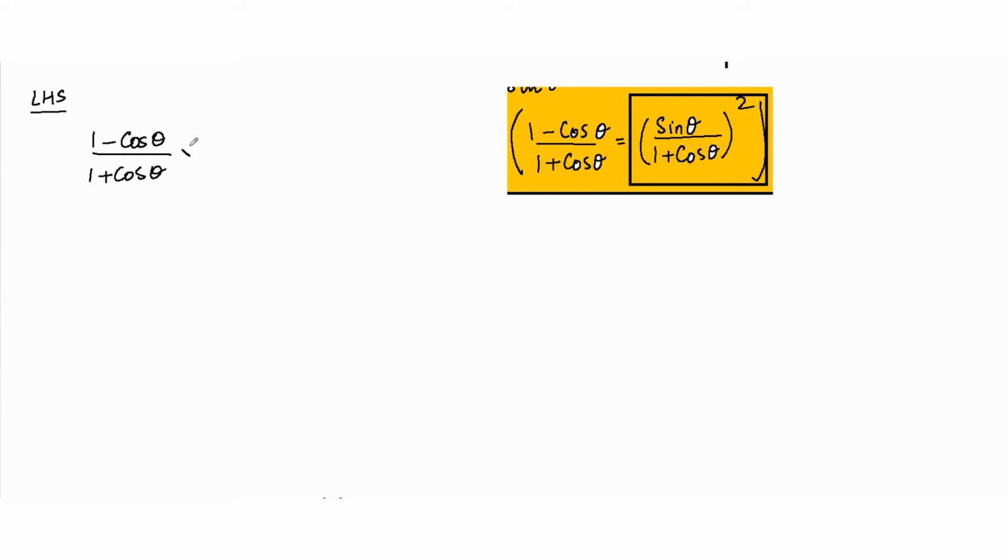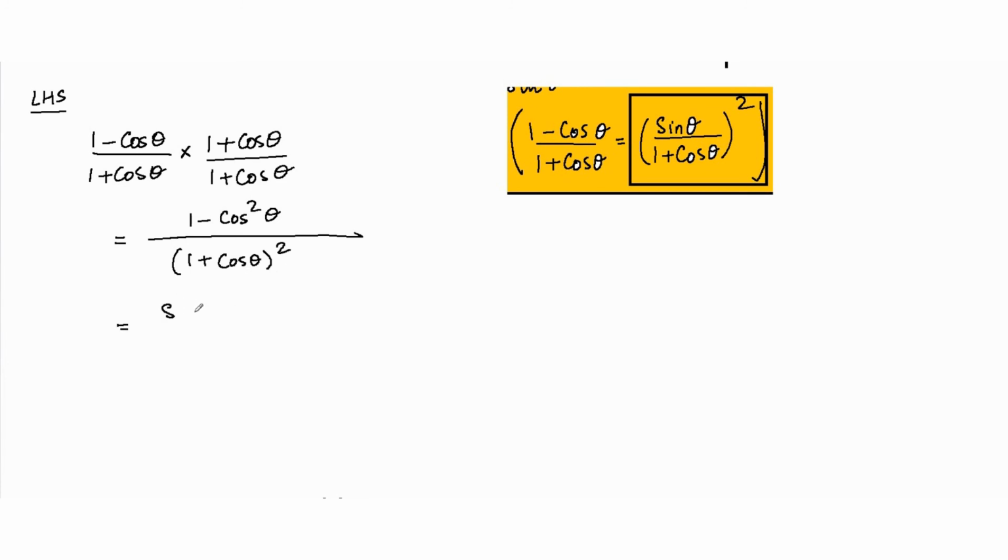So what I'm going to do is multiply both the numerator and denominator by 1 plus cos theta. So what happens because of that is the numerator 1 into 1 plus cos becomes 1 minus cos square theta, and the denominator 1 plus cos into 1 plus cos becomes 1 plus cos theta the whole square.